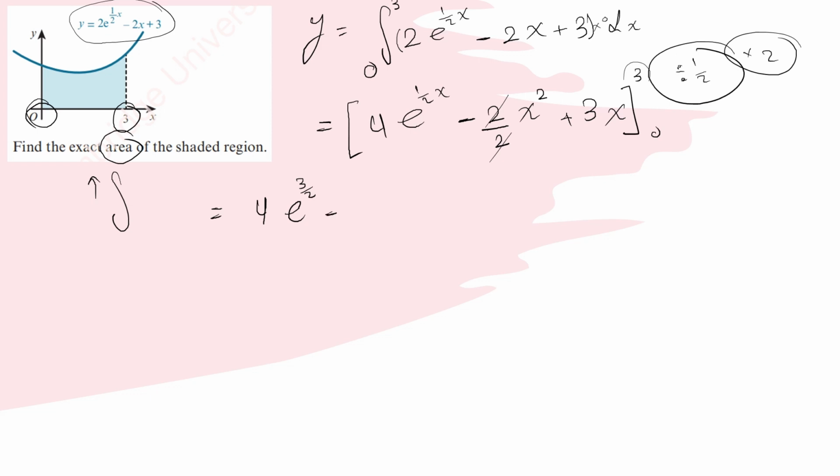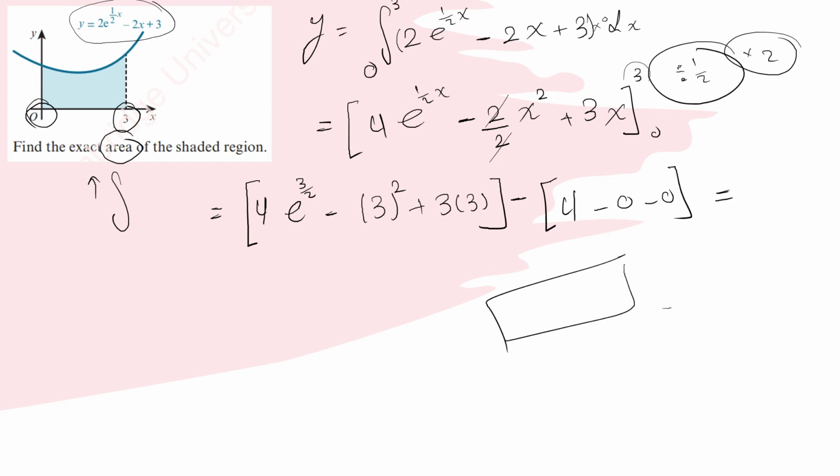Okay, minus 3 power 2 plus 3 times 3. Minus, with x at zero, it becomes 4 minus 0 minus 0, and to get the final answer I'm using a calculator. That's all. Have a lovely day.